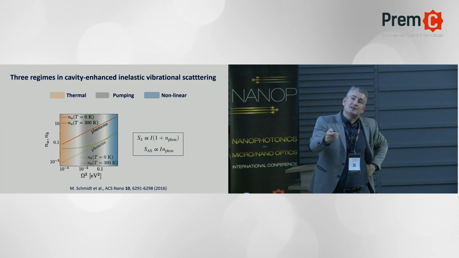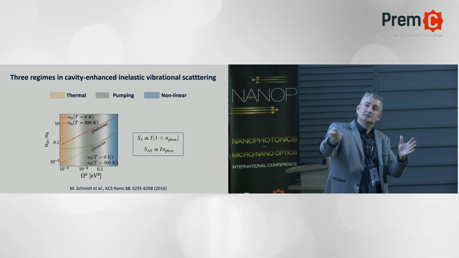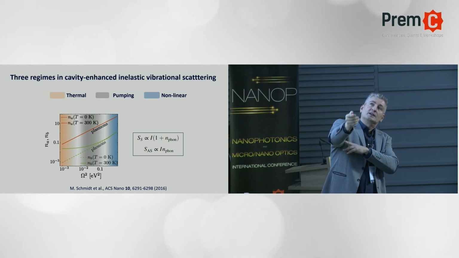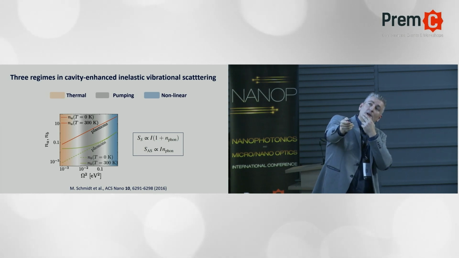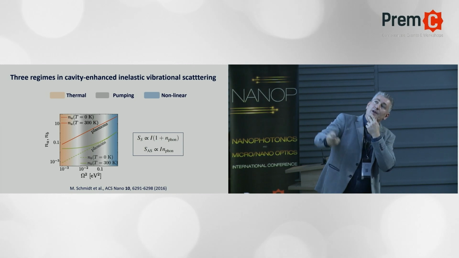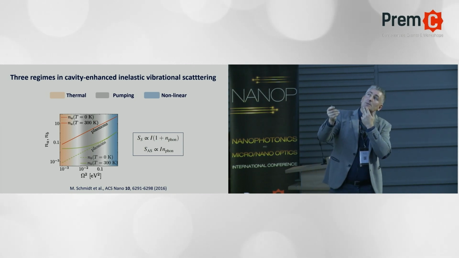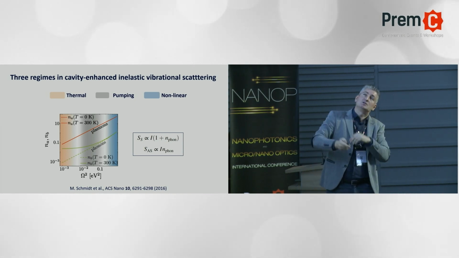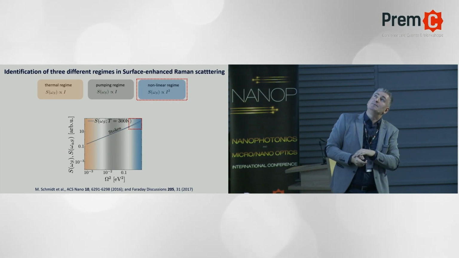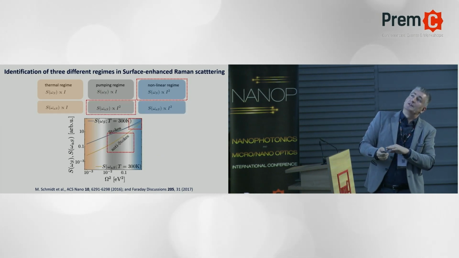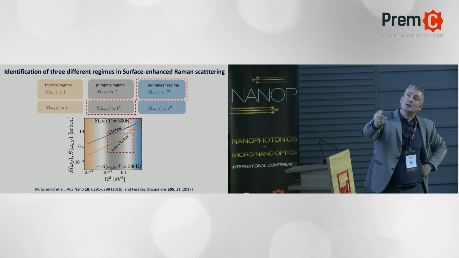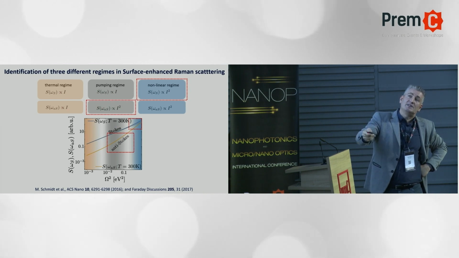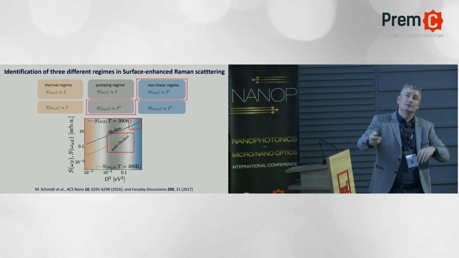And when we solve this as a function of pumping intensity, we can plot the population of phonons and plasmons, and we can see how we can obtain a very nonlinear process of phonons. The population of phonons will give us the Stokes and the anti-Stokes spectroscopy. And let me identify basically the three regimes of molecular optomechanics. We have a thermal regime when the anti-Stokes signal follows a linear dependence with the power of the laser.